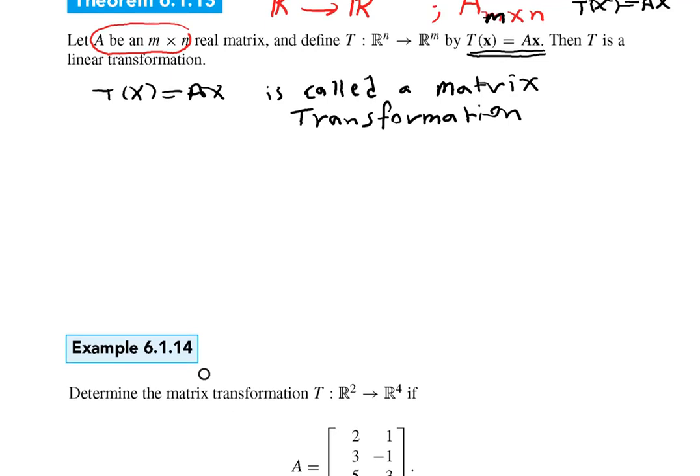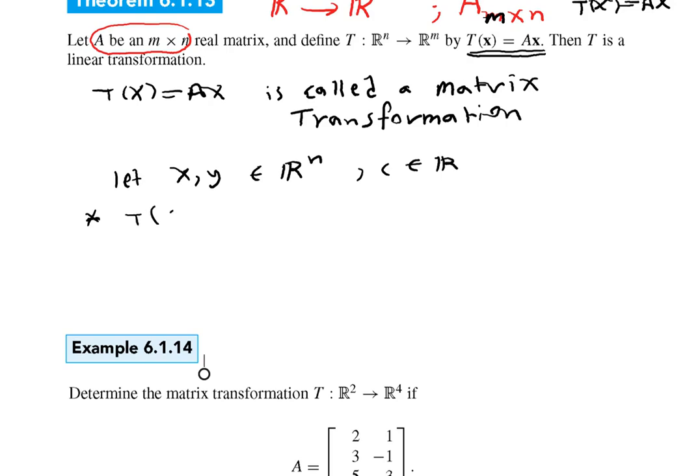What this says, if you have x and y in R to the n, and c is a scalar since we are in the real numbers, this is a linear transformation. So both properties do hold.